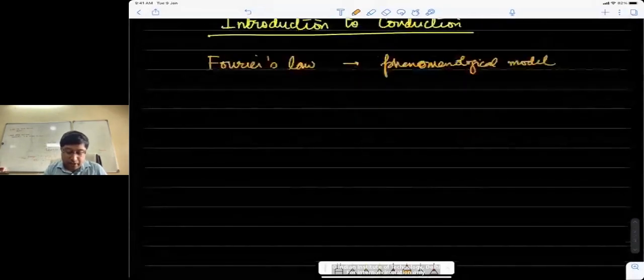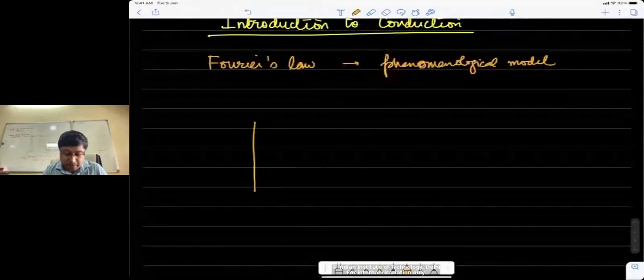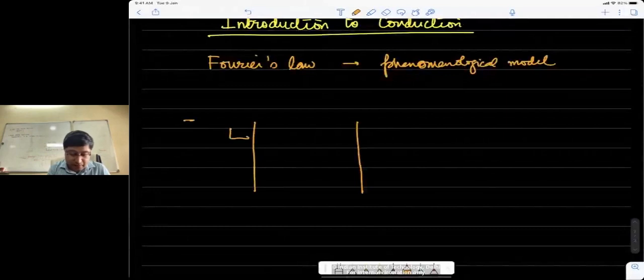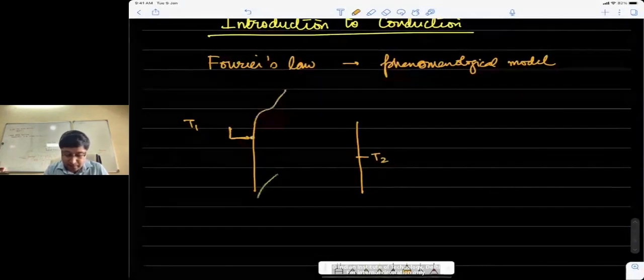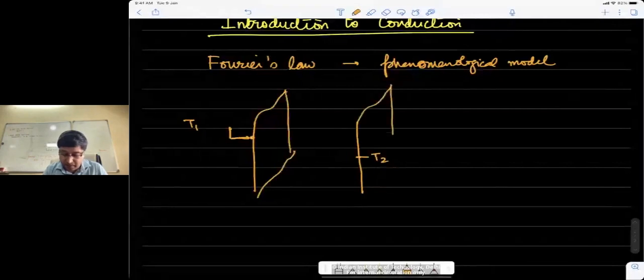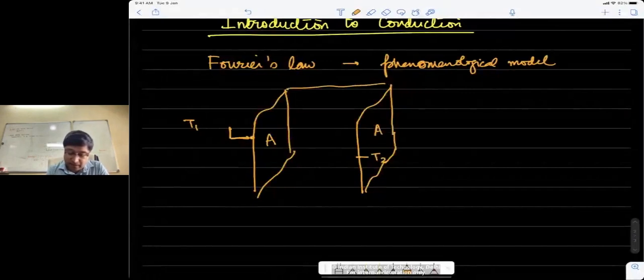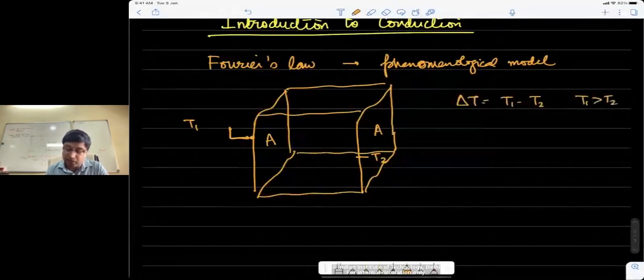Now, the way Fourier's law was originally described was that, let's say you have a medium which has two surfaces at different temperatures, let's say T1 and T2. I'm drawing it almost like a parallel plate capacitor, but anyway, let's say the medium has some cross section area A. I have described delta T here as T1 minus T2, assuming T1 is more than T2.